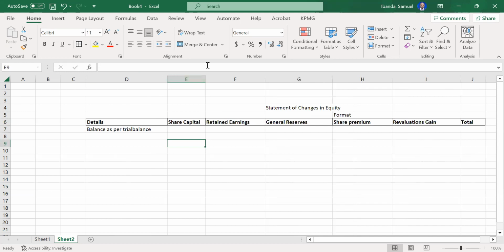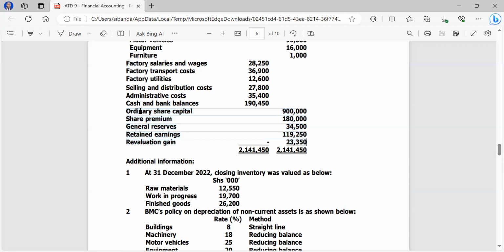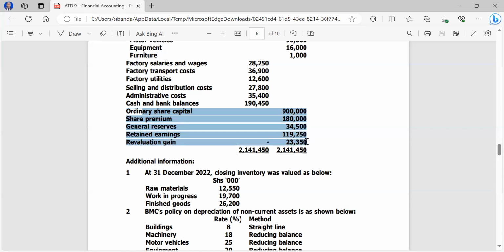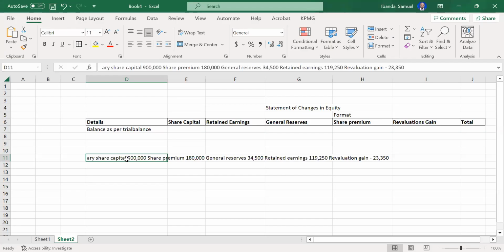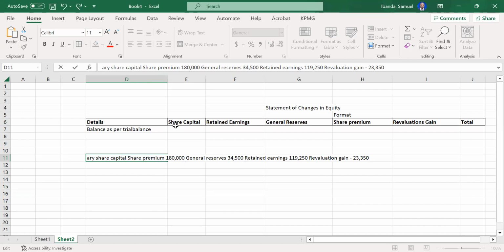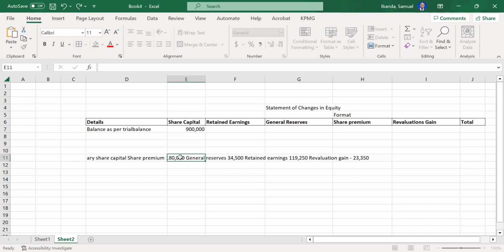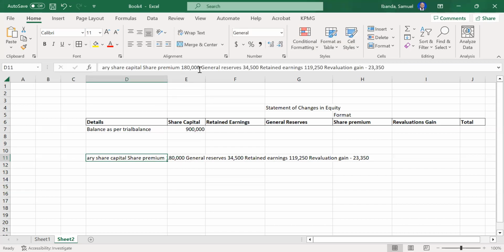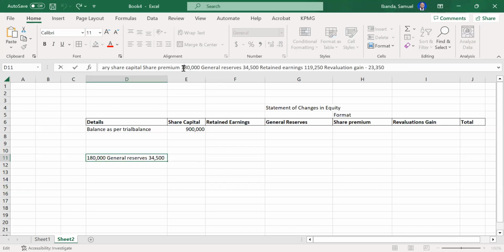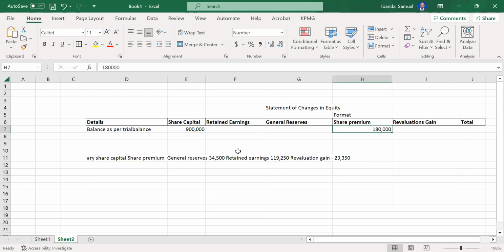So I'm now going to record those values as they are. Okay. So I have 900. Let me just try to paste this here and then copy immediately. So my share capital is 900. Share premium is 180.